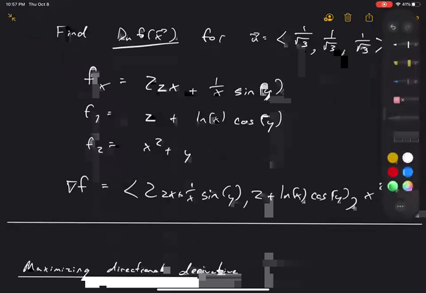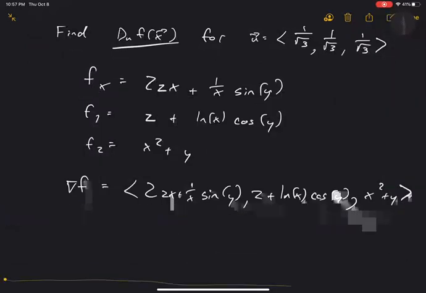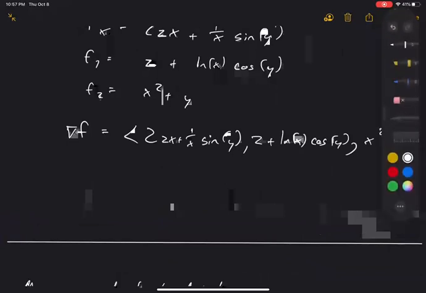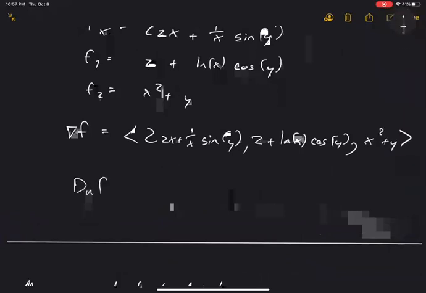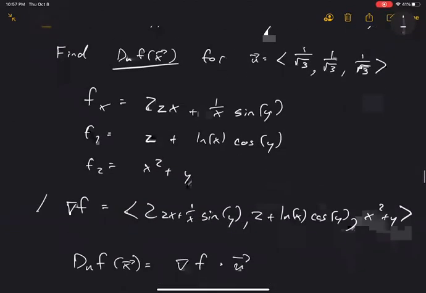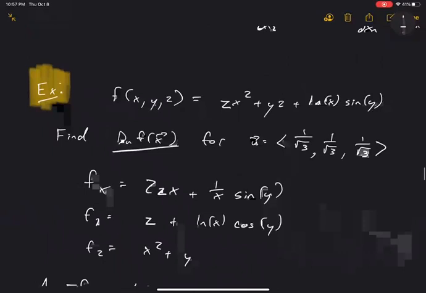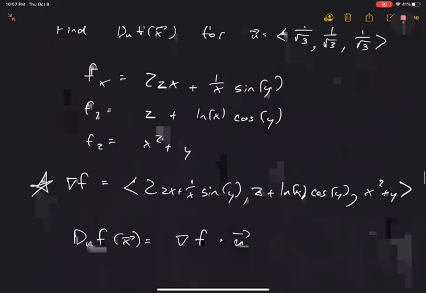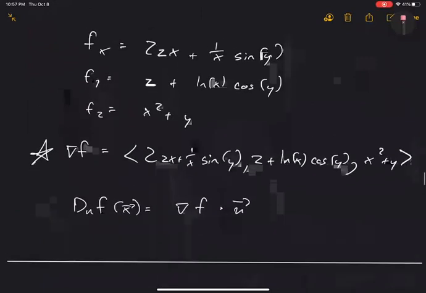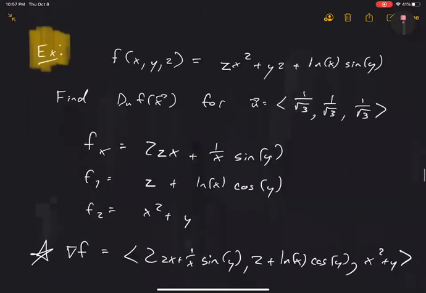And then the last step would just be to take the dot product of del f and u. So take the dot product of this with this. It's a little bit tedious, multiplying all this out.